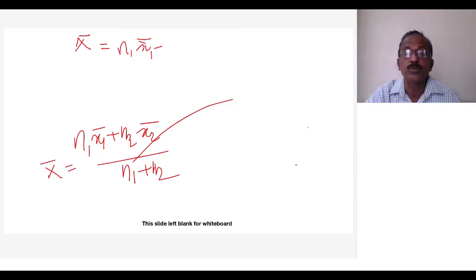That is, capital X bar is equal to n1 x1 bar plus n2 x2 bar divided by n1 plus n2.